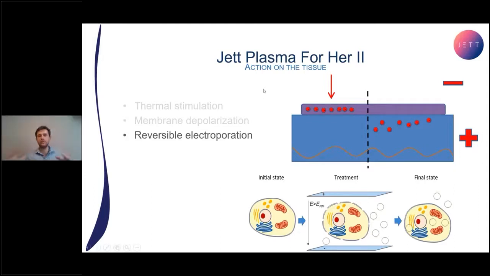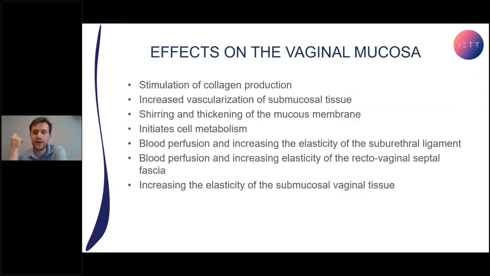And this cumulative effect of thermal stimulation, of membrane depolarization, and of reversible electroporation in one point, based on direct current electric field in our device Jet Plasma for HER2, allows us to have a cumulative effect on vaginal mucosa. And this cumulative effect, based on these three separate effects, leads to stimulation of collagen production, because we heat up the tissue and we stimulate.